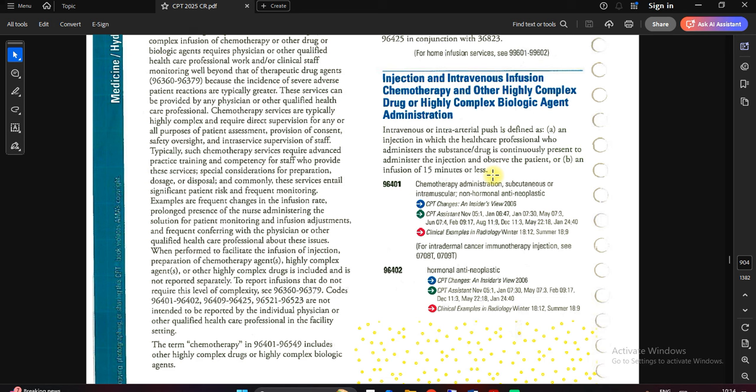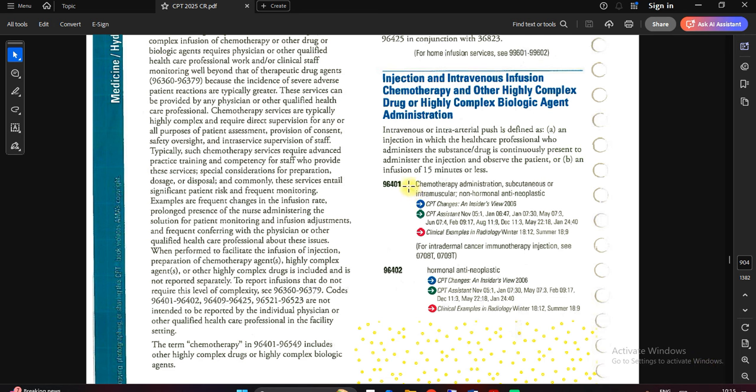So if you want to code IV push or intra-arterial push, you have two criteria: the professional administers the injection and observes the patient, and the infusion takes 15 minutes or less. Then only you can code IV push or intra-arterial push.